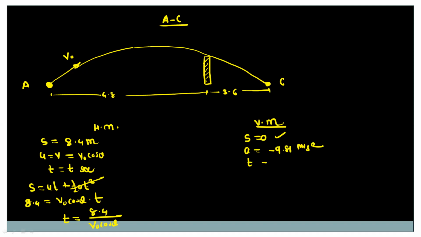Then time t is nothing but the total time t, the same for horizontal motion and vertical motion. So it is t second. Then initial velocity is equal to v naught sin theta. So use the equation S is equal to ut plus half at square.